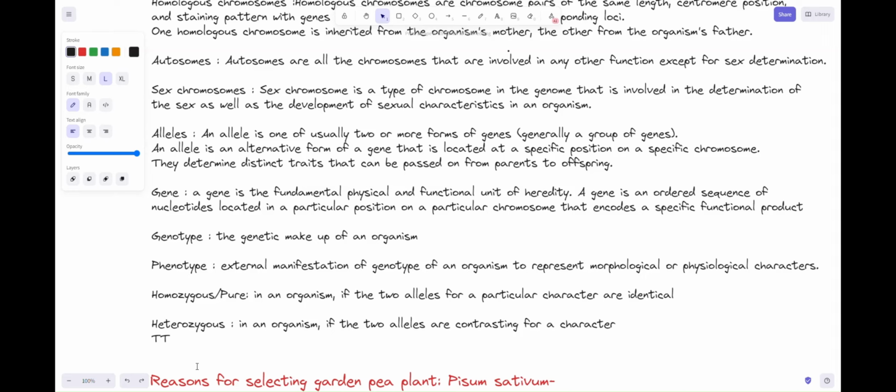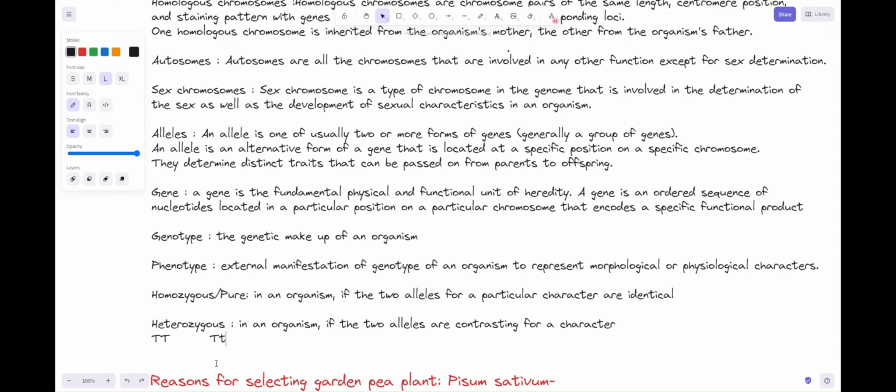But if I write capital T and small t, this is heterozygous condition. So homozygous means in the pair the same alleles are present, and heterozygous is the condition where two different alleles for a character are present, right?